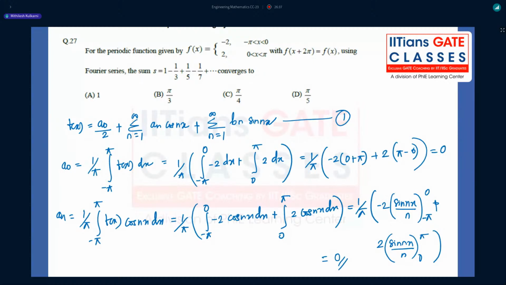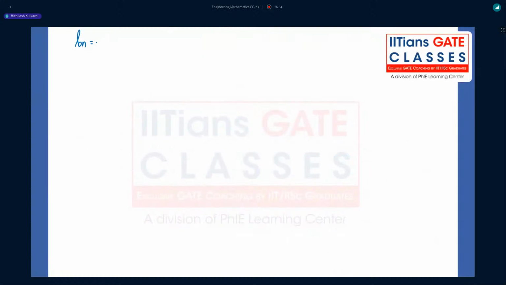So in equation number 1, we can forget the first two terms because we got the values as 0. So only the third part of the series remains, that is in the form of bn. So let's try to find out bn here. Bn is 1 upon pi integration minus pi to pi f of x sine of nx dx.